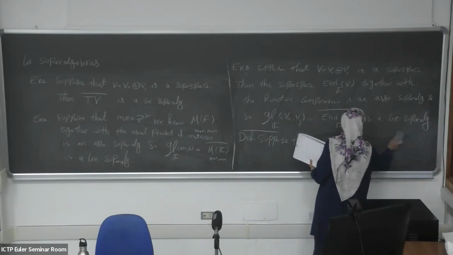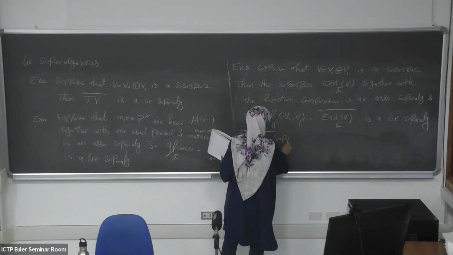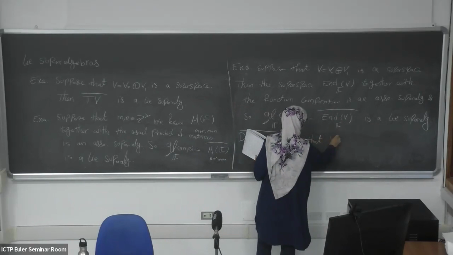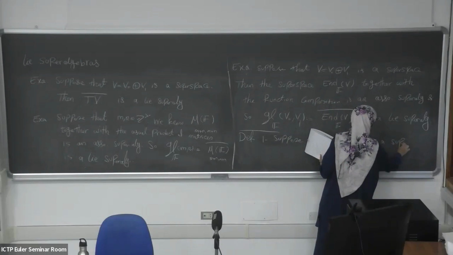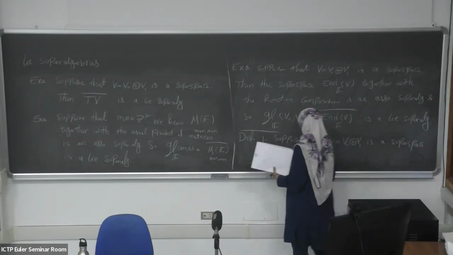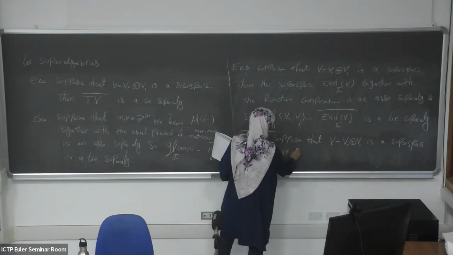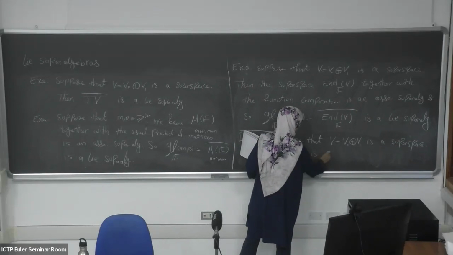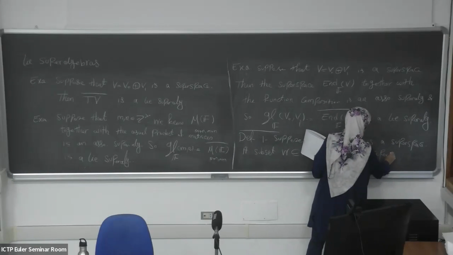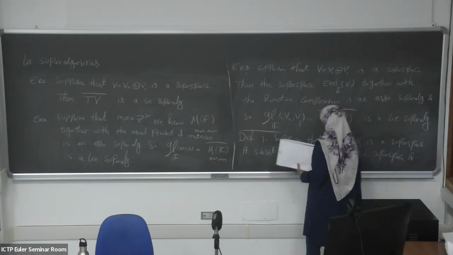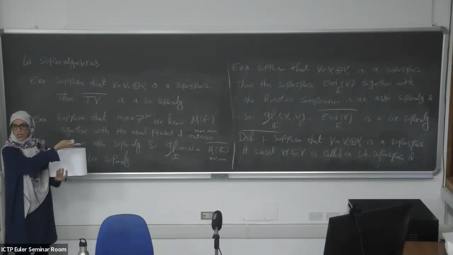A subset W of A is called a sub-superspace if the first condition is that W must be a subspace of the usual vector space.